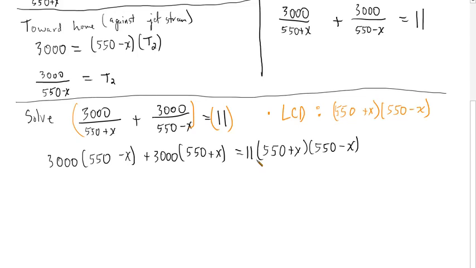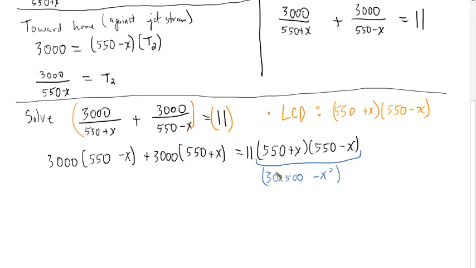Now notice that 550 plus x times 550 minus x is a special form. That's a difference of squares. That's 550 squared minus x squared, which is 302,500 minus x squared once we simplify that. And we still have to multiply that by 11.